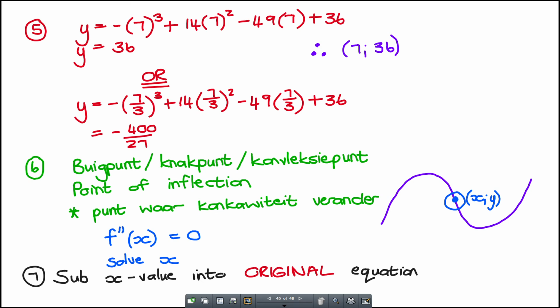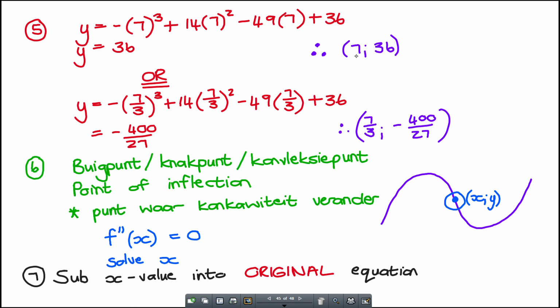Okay, and then the other one was where x was 7/3. En kyk gou of julle dieselfde gekry het. Minus 400/27. Ek voel vir my dis bietjie woes. Ja, is dit wat jy gekry het ook? Okay, nee, dan is ek reg.